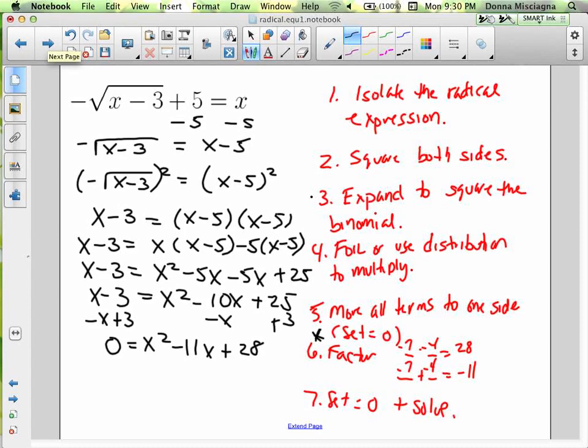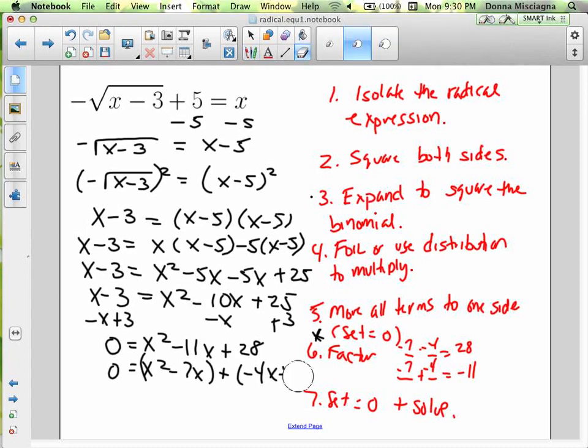Doesn't matter who's where. So we have 0 equals x squared minus 7x plus negative 4x plus 28. Right, and greatest common factor here is the x. If we divide both of those terms by x, we're going to have x minus 7.